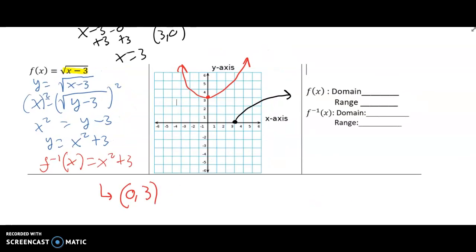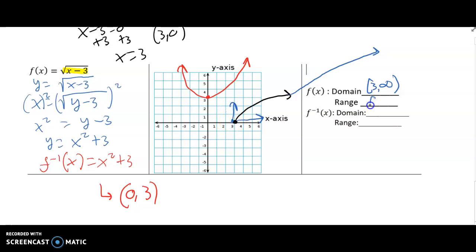So this guy looks like this. Okay. The domain of f of x of the original, well, it has access to everything 3 and onward. So 3 to infinity. The range, its lowest y value is 0, and then it looks like this flattens out, but this curve actually keeps going up just at a slow rate.